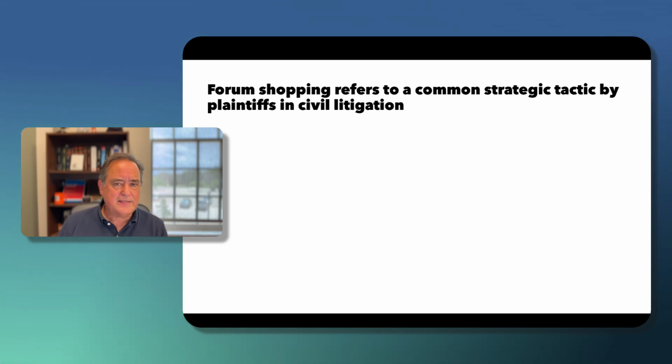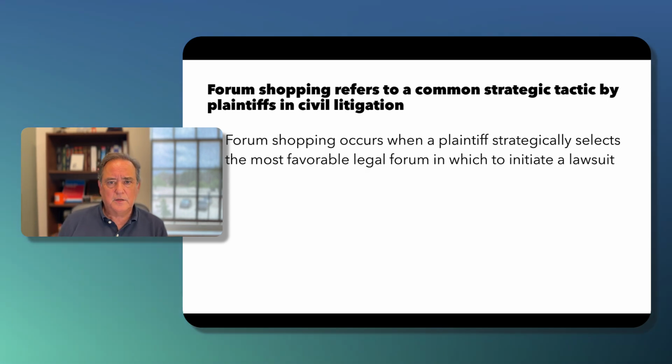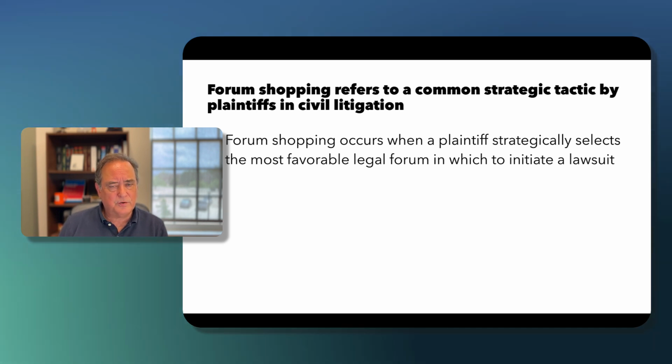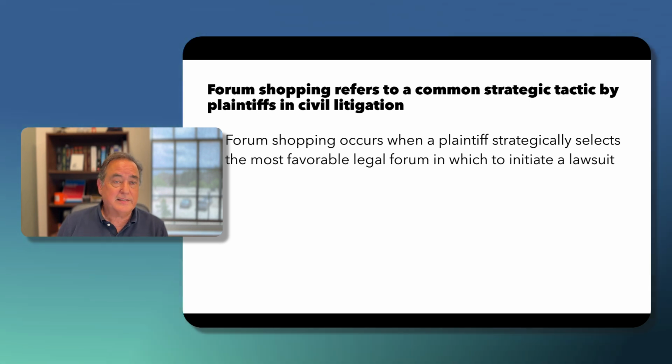And this is a tactic that is bipartisan. You know, oftentimes people will bring cases, for instance, in the southern part of Texas, what we call the valley, the Rio Grande Valley. And juries in that area are typically very predisposed to plaintiffs. And so if you can somehow get jurisdiction and venue in the Rio Grande Valley, you will choose to do so. At the same time, if you have a conservative issue, you tend to go shopping for a conservative judge.